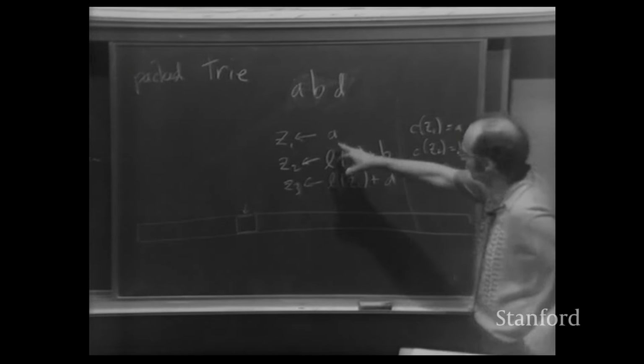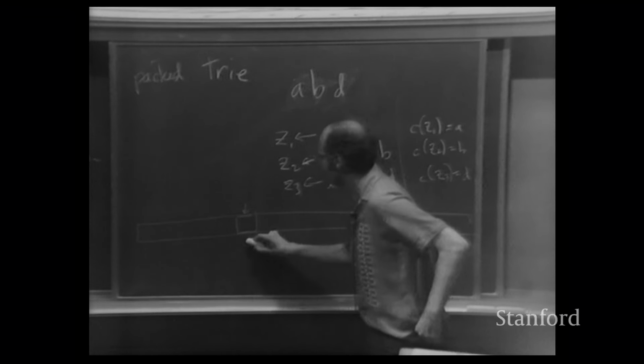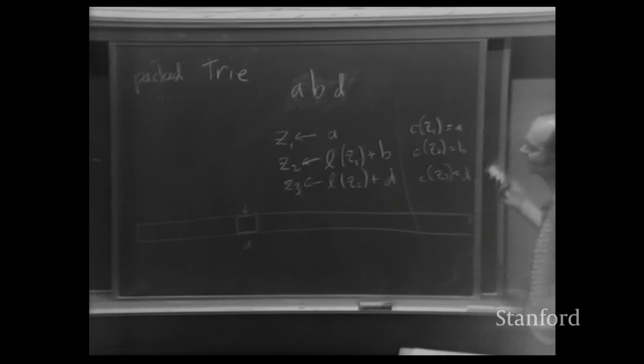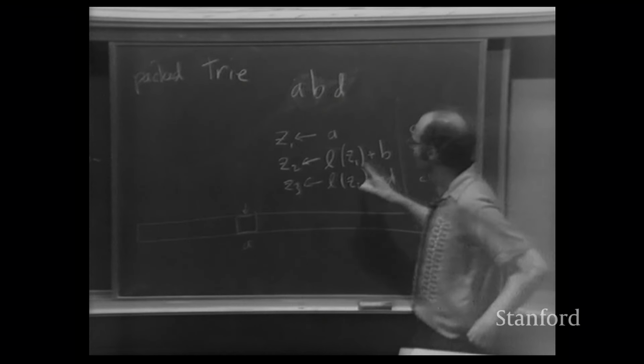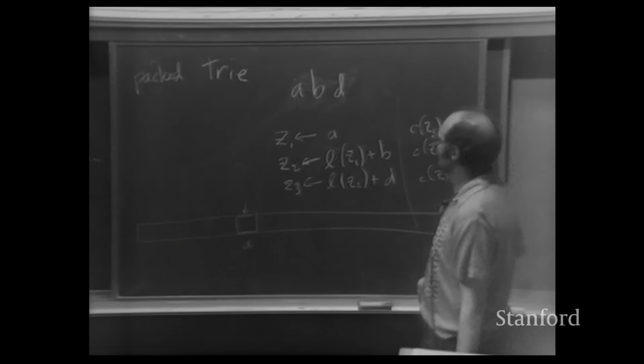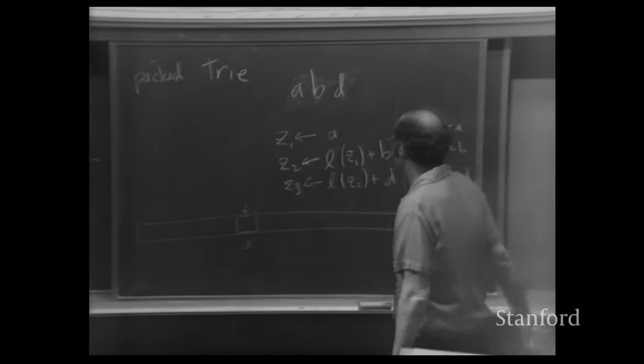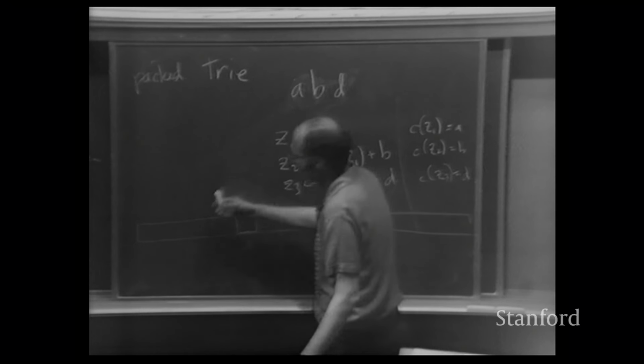We set Z1 to 97 and look at C of Z1 and see if there's an A in there. If so, then good. At least we have at least one pattern starting with A. Then we look at L of Z1, which tells us another starting place in the tree, and that's for all patterns starting with A, you see. And L of Z1 might be 15, say.